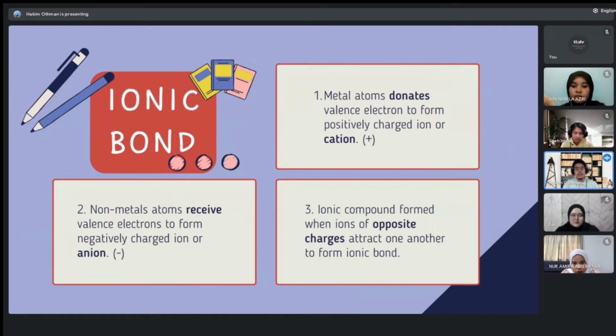So I want you guys to remember these keywords: number one, metals donate and form cation. Number two, non-metals receive and form anion. Number three, both attract each other to form ionic compound. You guys get that? Yes, teacher.